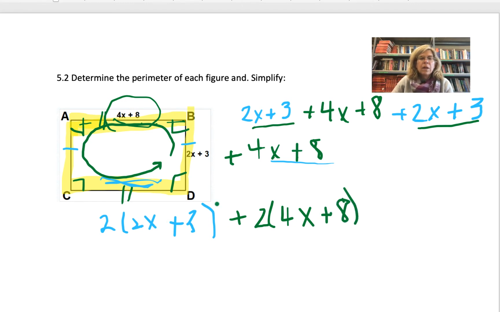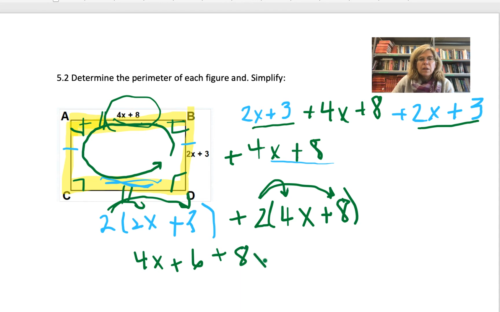Then we do our distribution for both of these, and we have 4x plus 6 plus 8x plus 16.